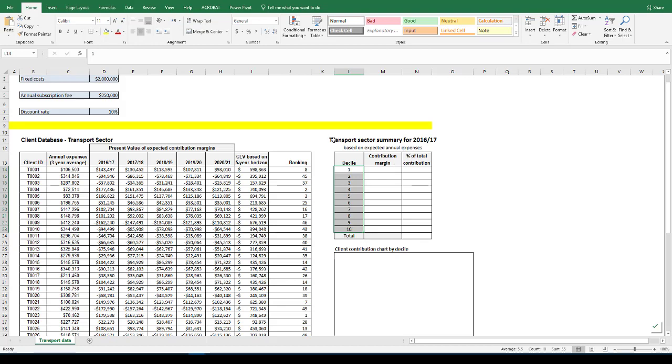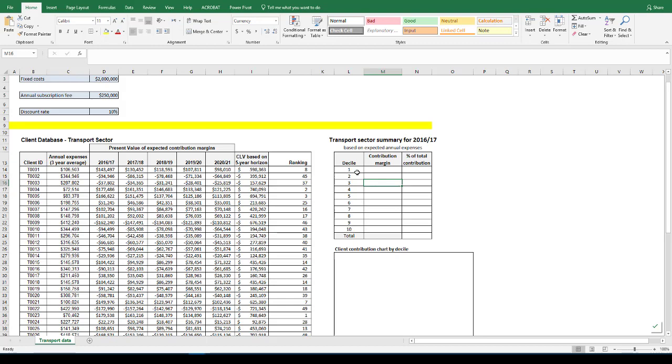So we want to focus on 2017 contribution based on the overall value of customers, contribution margin, and also percentage of total contribution. So first, contribution margin for each decile. First decile is the first 5 clients that have the highest CLV.